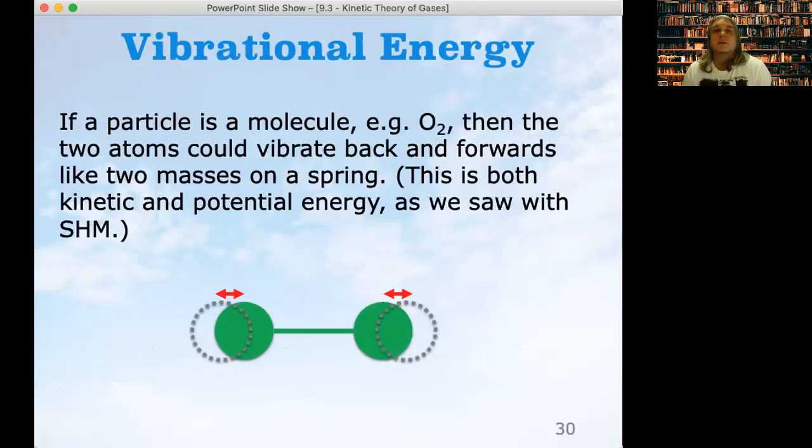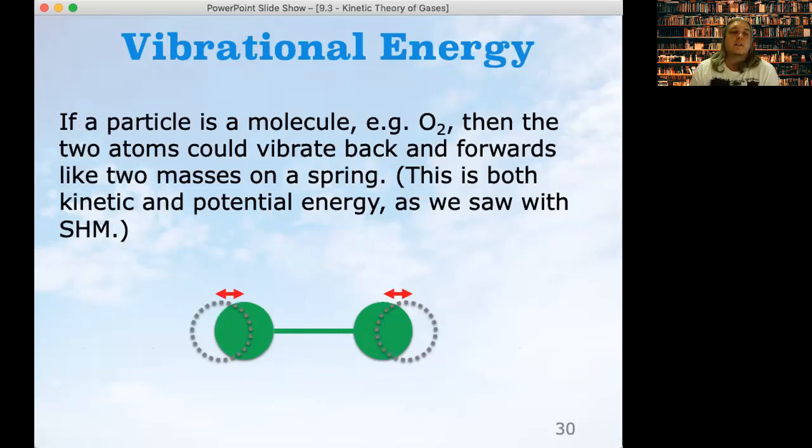There's a bunch. One example is vibrational energy. So if you've got a particle that is actually a molecule, for example, O2, the two atoms could vibrate back and forth. Just like if you've got two masses on the end of a spring and set them oscillating, they're going to vibrate back and forth. The same thing can happen here with the atoms, and the chemical bond is acting like a little spring in the middle.